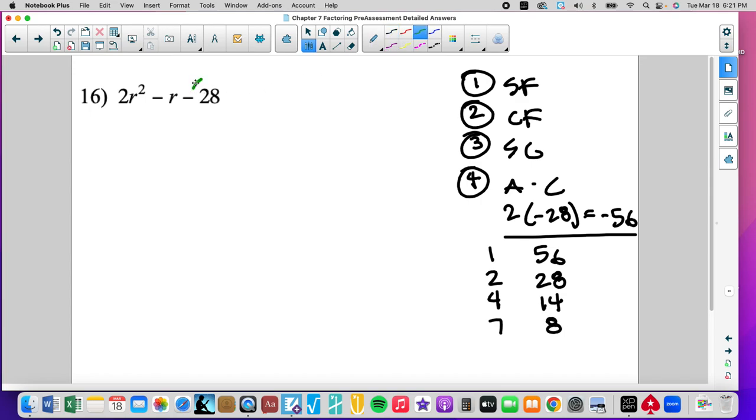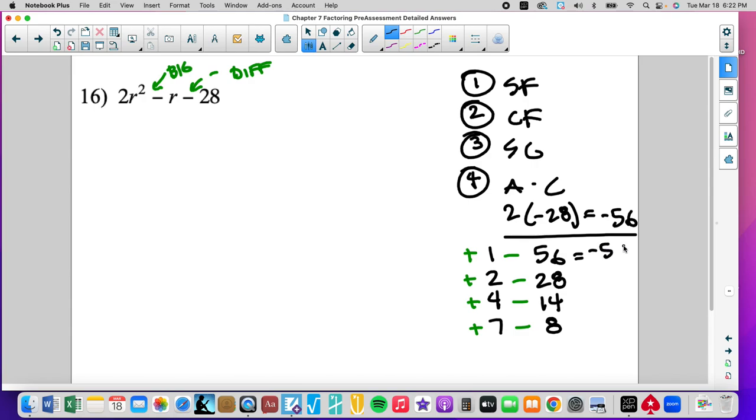My signs are going to be different because it's a negative. I'm just looking at this sign. I'm not looking at both of these signs. I'm just looking at the third term. If it's negative, then it's different. And this tells me that the bigger is going to be negative. So negative, positive, negative, positive. These signs have to be different from each other.